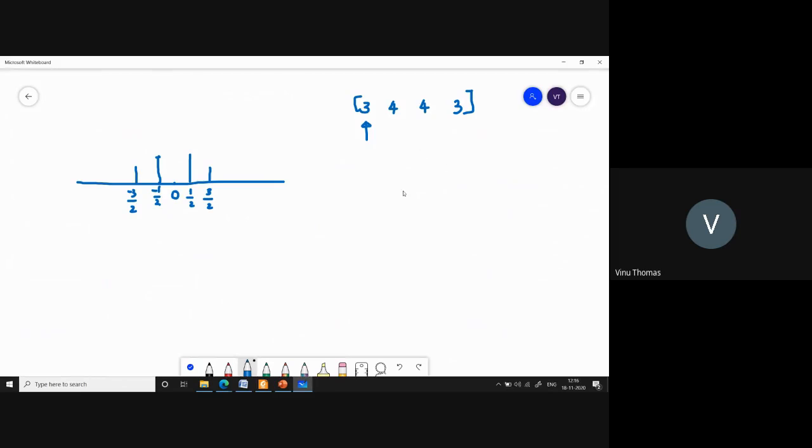If I move this by 2 samples to the right, now I have a filter which is represented like this: 3, 4, 4, 3. Maybe these are my 4 samples. Let me mark the origin somewhere here. So I have samples at 0, 1, minus 1, and minus 2. And here the length of the filter was equal to 4.